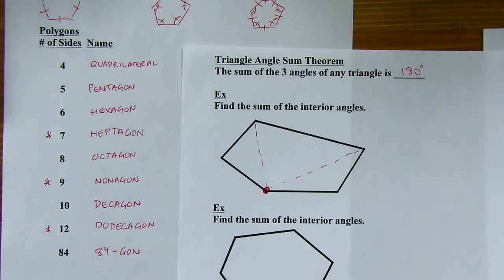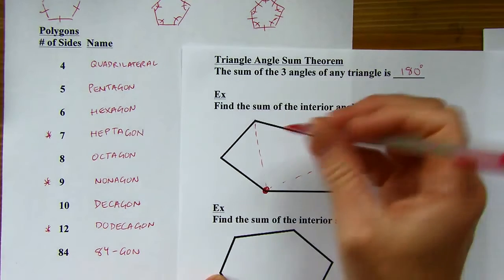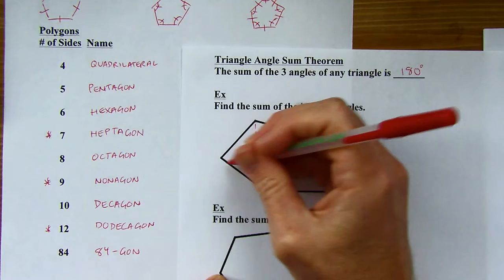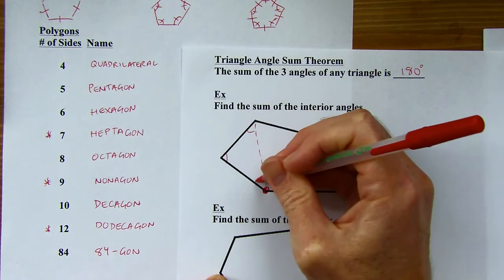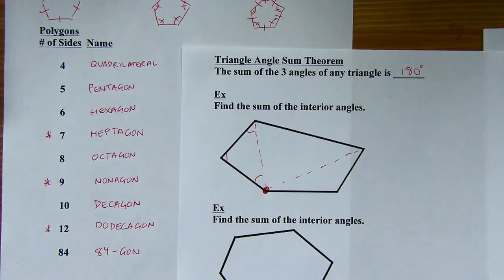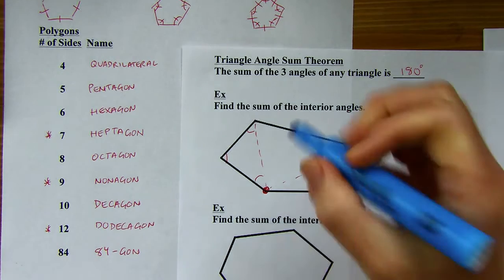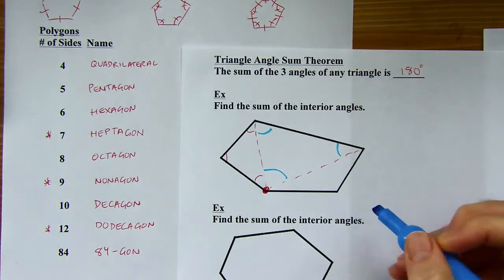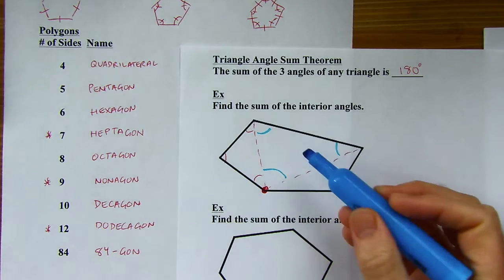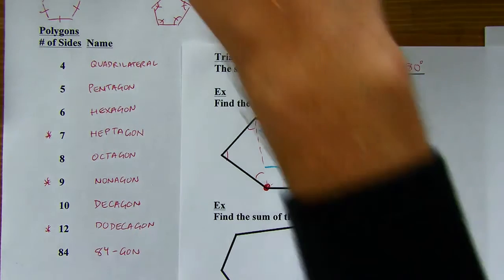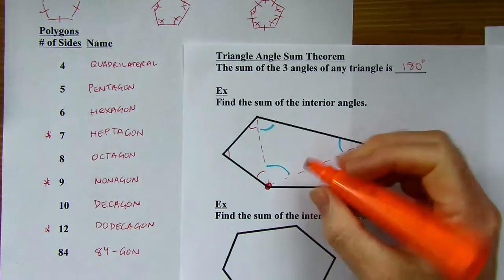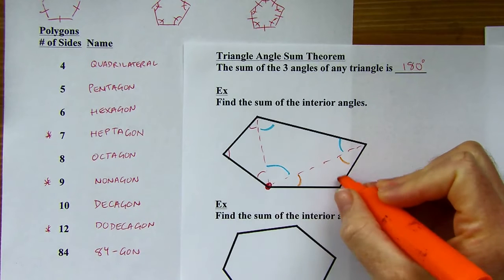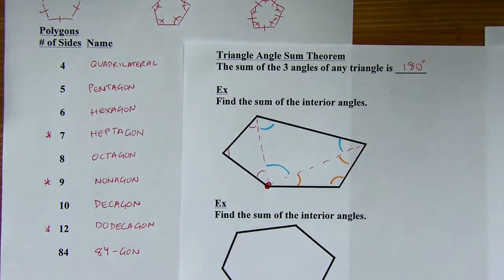So what I can do is think about, well, what would the sum of these 3 angles be? Well, it's a triangle, so that's going to be 180 degrees, right? And then the sum of these ones marked blue would also be 180 degrees, and so would these. Okay, well, so what?